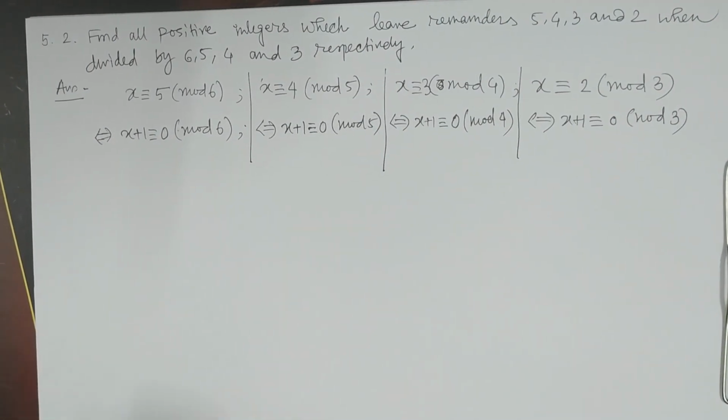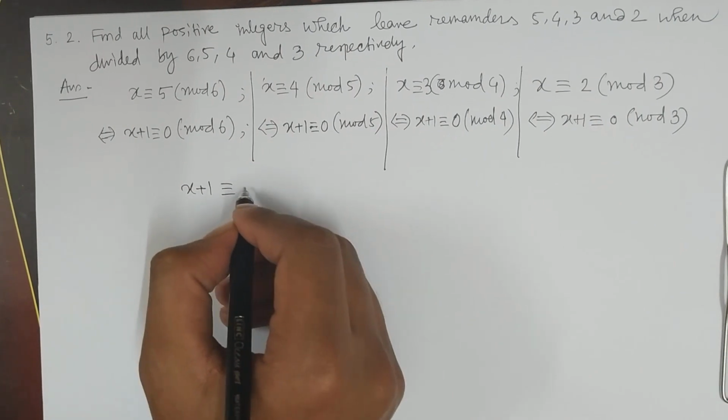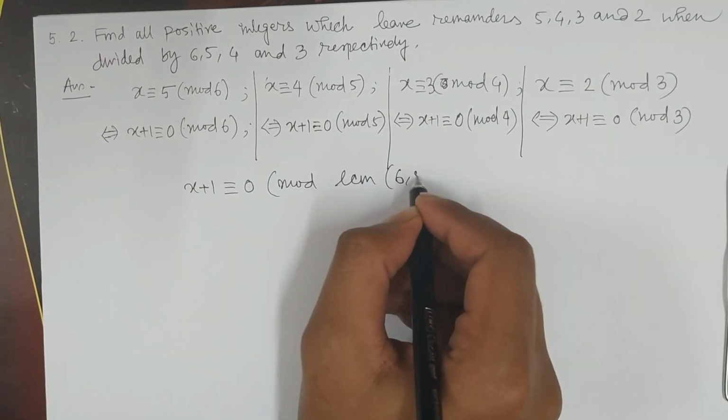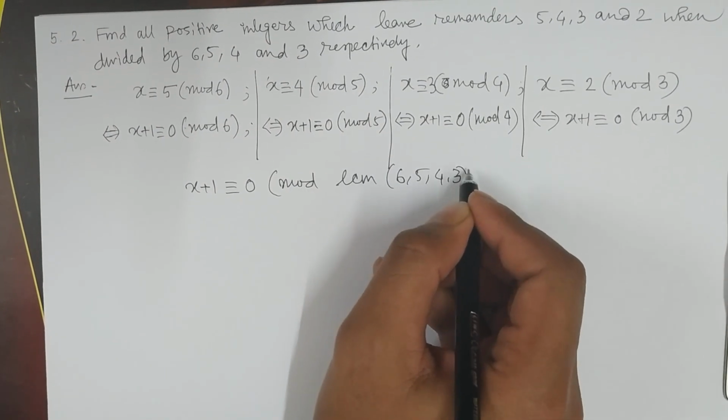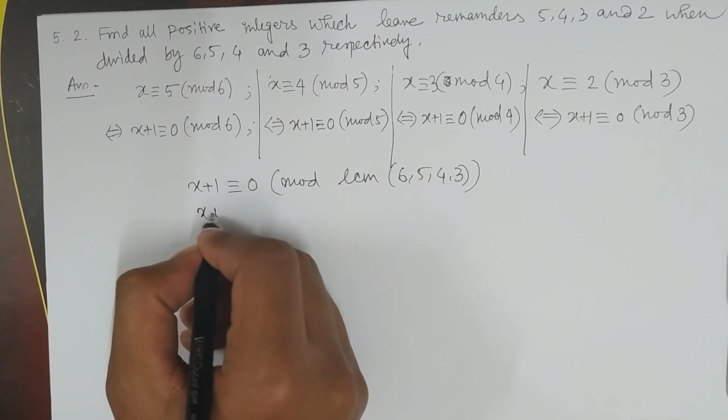And the solution of this system is basically x plus 1 congruent to 0 mod LCM of 6, 5, 4, 3, and it is basically 60.